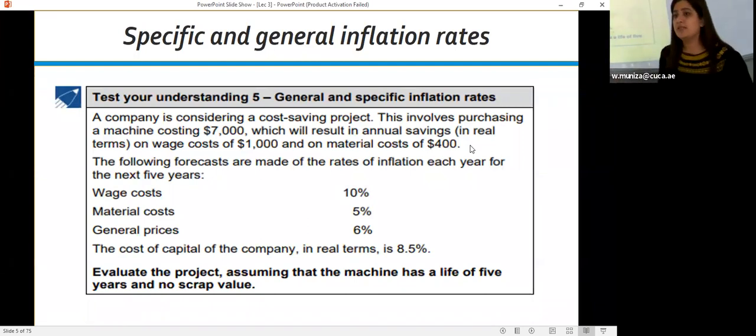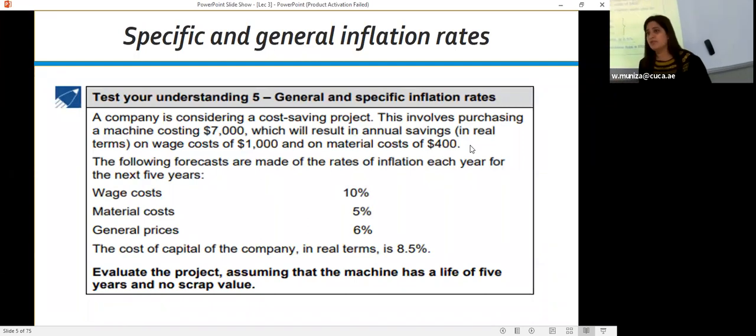So my dear students, when the specific rate of inflation is given, what do you have to do? First, you are going to incorporate the inflation individually in the given items. So you are going to inflate wages and materials as per these rates. Can you do it?